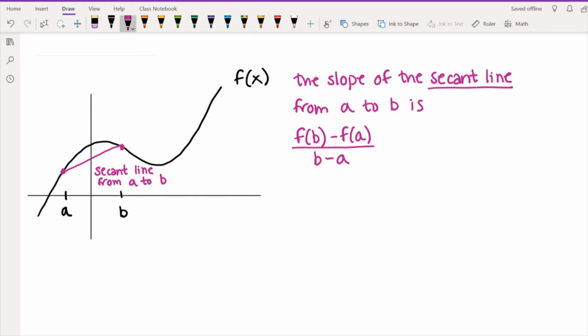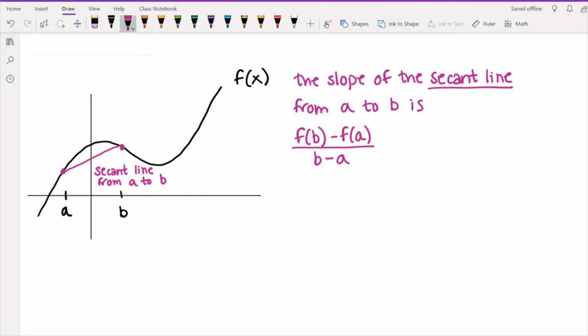So all this is saying is that if you have 2 points on the graph, if you know their x coordinates, you can find the y coordinates by plugging in, and that's this, right? f of B minus f of A is the 2 different y coordinates. And then in the denominator, you're subtracting the x coordinates. So it's just finding the slope of the line segment between these 2 points.